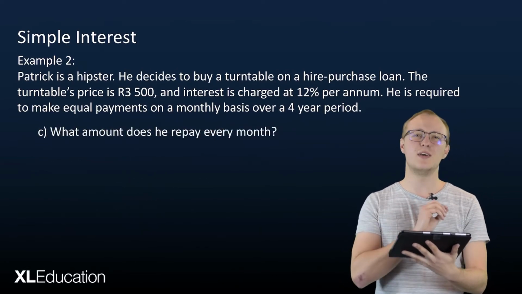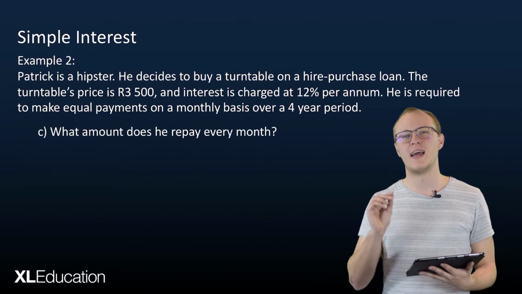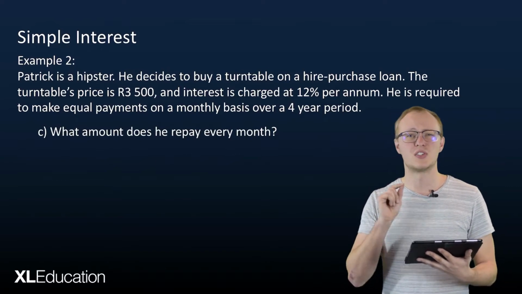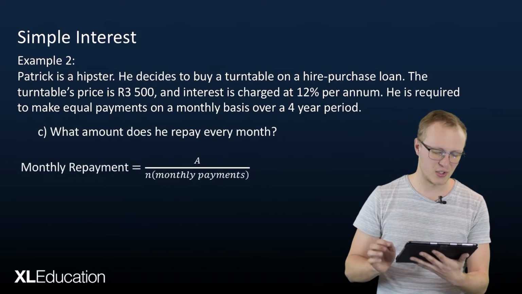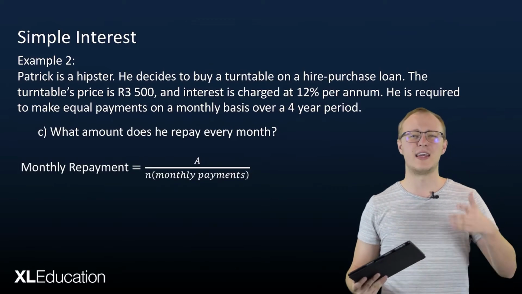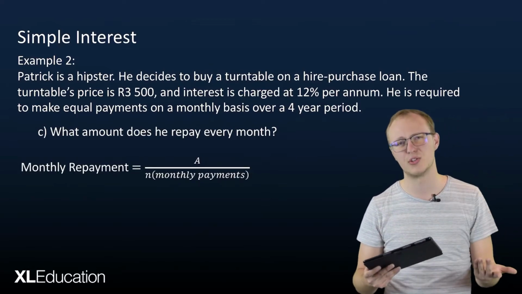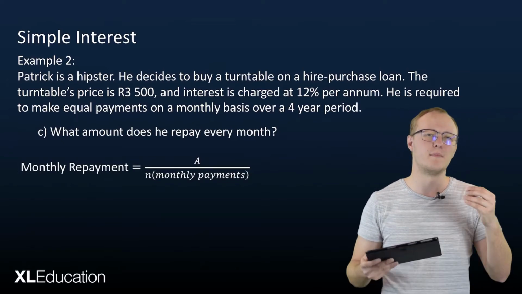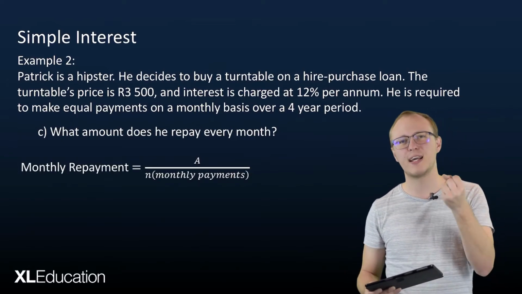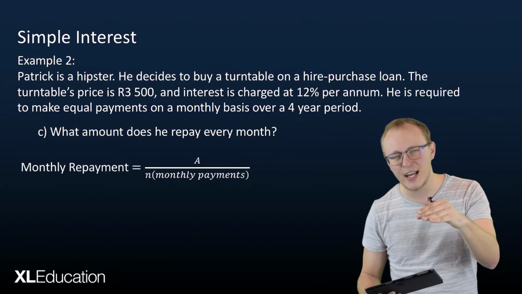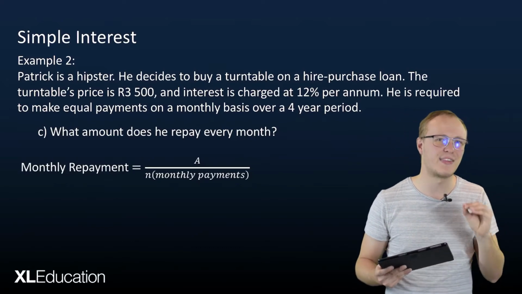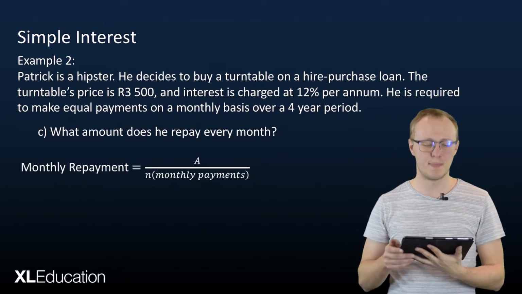Then, what amount does he repay every month? So, in order to calculate this, we have to say, well, he has to repay 5,180 Rand in total. And in order to find the monthly payment, we have to take the total and divide it by the number of monthly payments that he has to make.